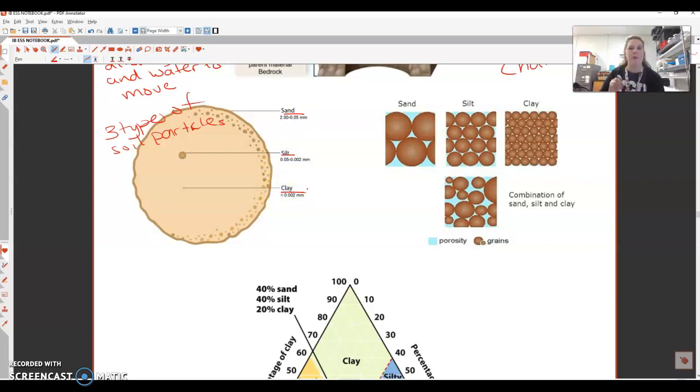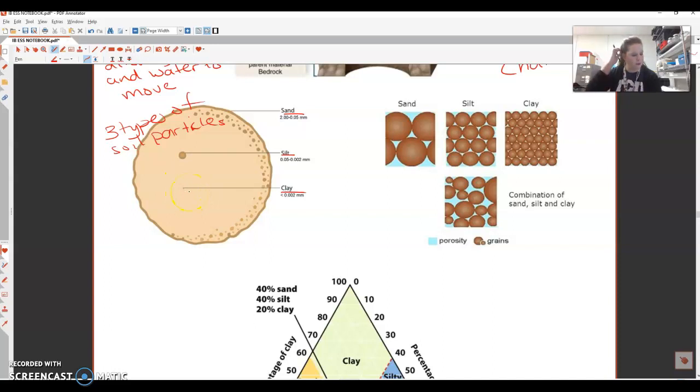Those are the 3 types of soil particles. You have to know that. Okay, now this is showing you a size comparison as well. Sand is the largest. If you think about it, when you hold sand in your hand, you can actually see the individual grains. Silt is the next largest, and then we have clay, which is a itty bitty little dot right here.